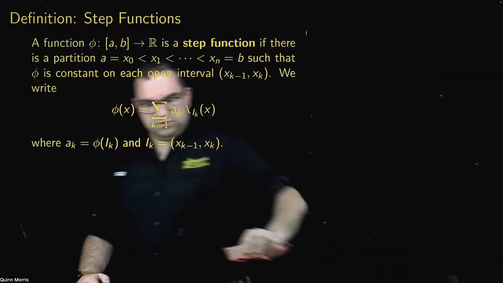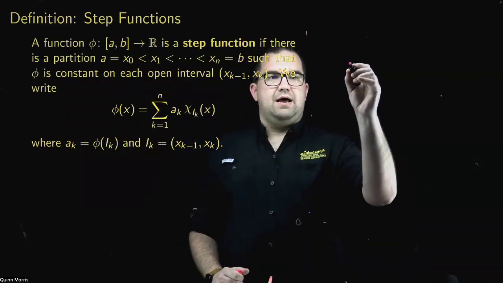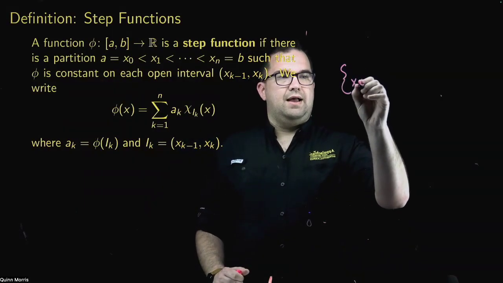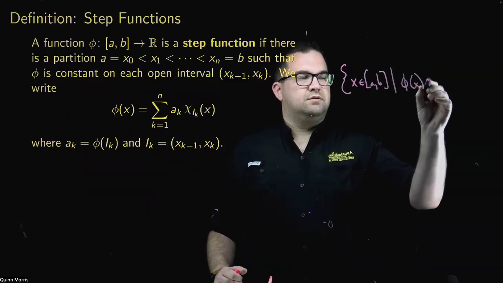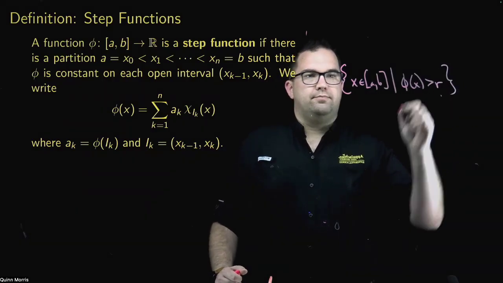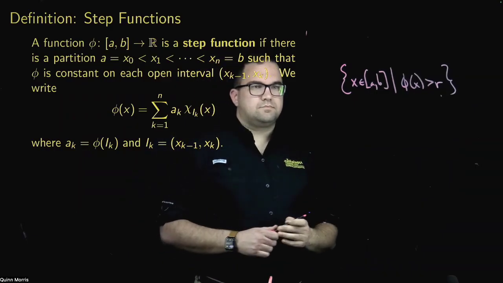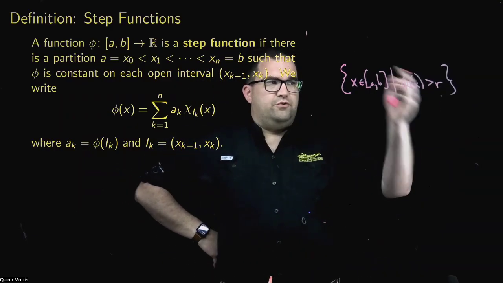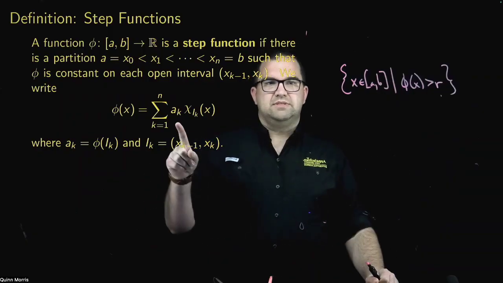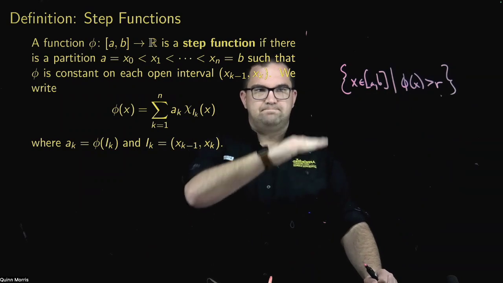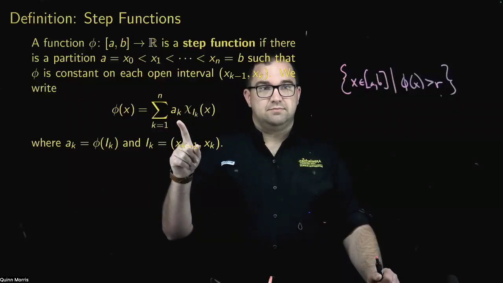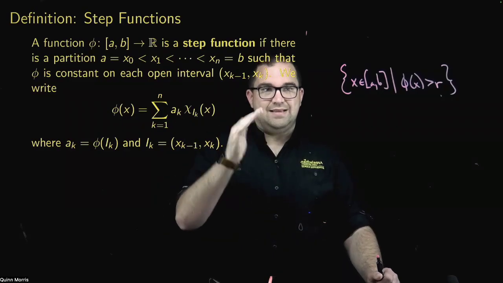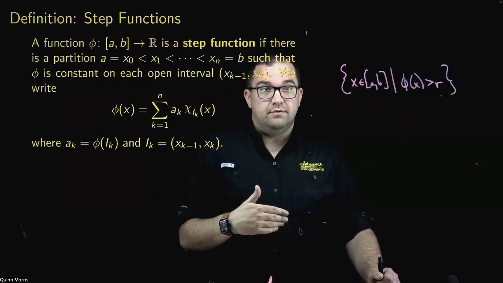So suppose I have this step function phi, and let's say I want to look at the set of all x in my domain, which is [a, b], such that phi of x is greater than R, for some real number R. Now, I only have finitely many steps in my step function, so I really just need to select out which of those steps are greater than R. I look at all the A sub k's and ask which of these are bigger than R and which aren't.